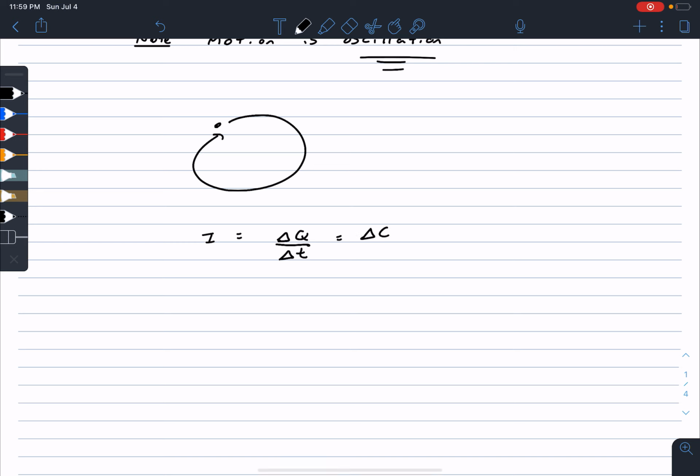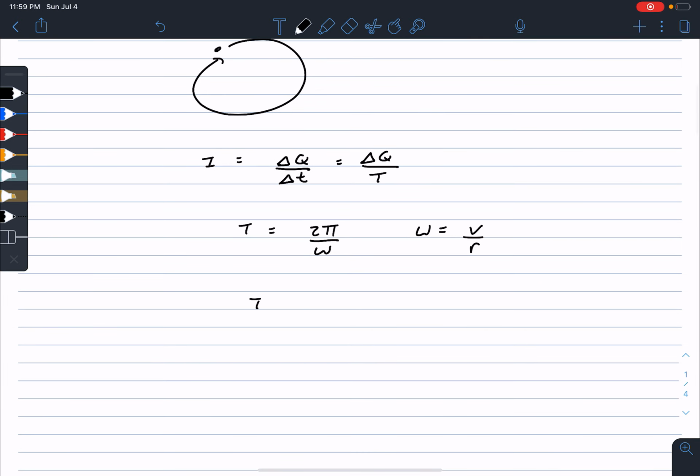Well, we also have the charge over the period of the oscillation. And if we can recall from basic mechanics, the period of an oscillation is 2 pi over the oscillation speed. Now, also from basic mechanics, the oscillation speed is v over r. So that means that our period is going to be 2 pi r over v.